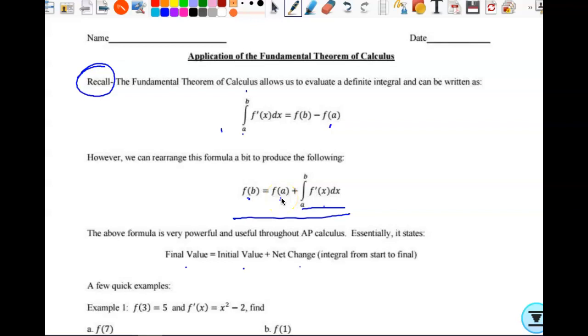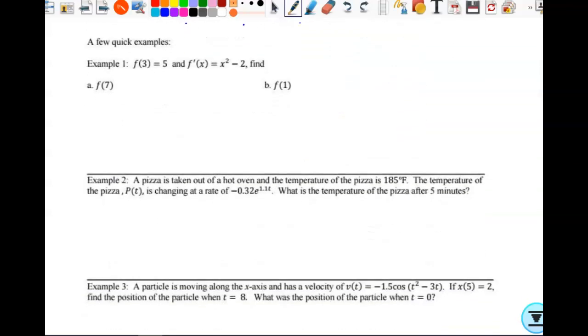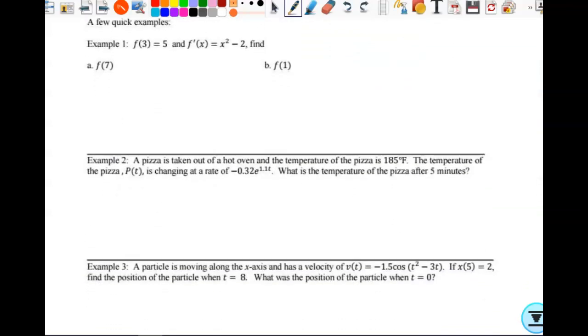So that's why you want to be able to think about it in words as well if you need to rearrange things. So a few quick examples, and these are the ones where you have to pay attention to where you're starting and where you're finishing. So if they give me f of 3, and I have what f prime is equal to, and I want to find f of 7.